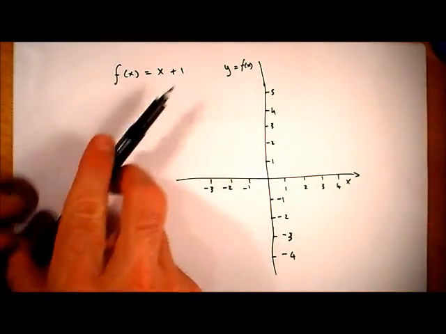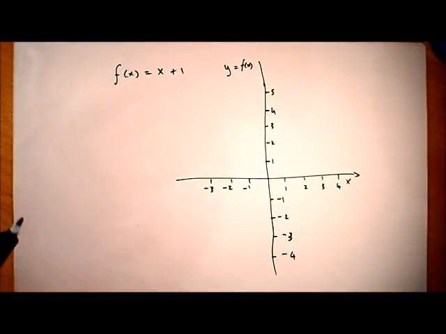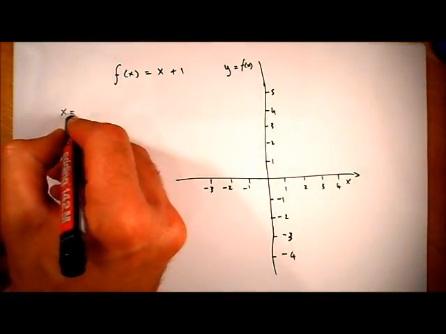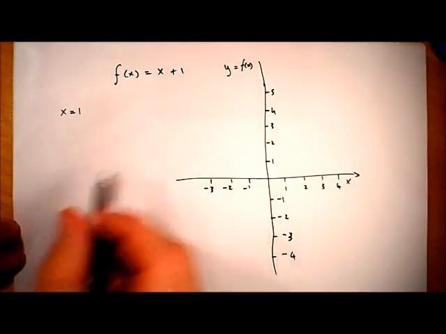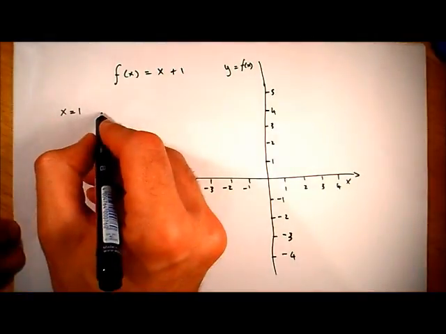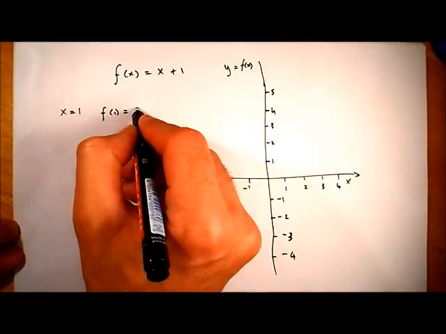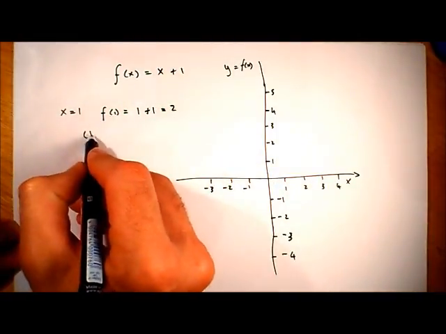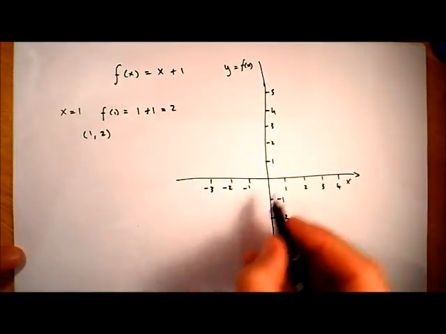Okay, so we want to plot this function f of x is equal to x plus 1, which means we need to find some points on that function. So we can just pick any x values and find out what the corresponding f of x value is. So let's say when x is equal to 1, we can work out f of 1, which is 1 plus 1. We did this before on the previous page, which is 2. That means the point (1, 2) is on the function, so we can mark that in.